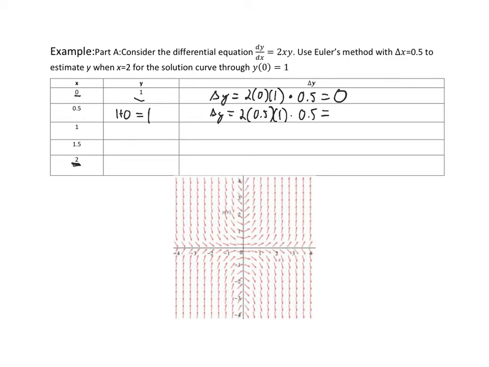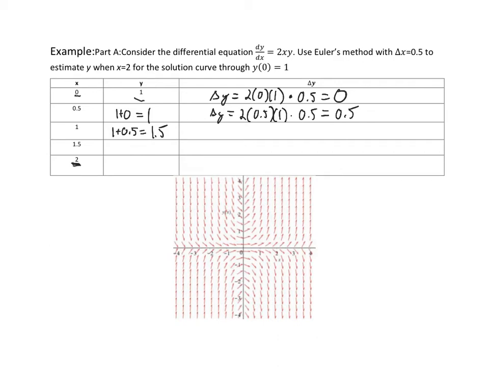So we get 2 times 0.5 times 1. That's actually 1 times 1, which is 1, times 0.5. Our delta y is 0.5. So now to get our y, we're at 1, and we're going to add to it 0.5. y is going to be 1.5.